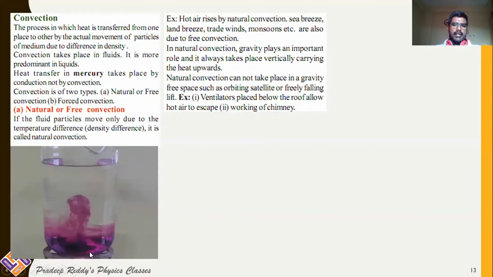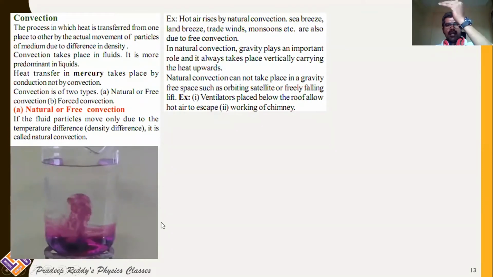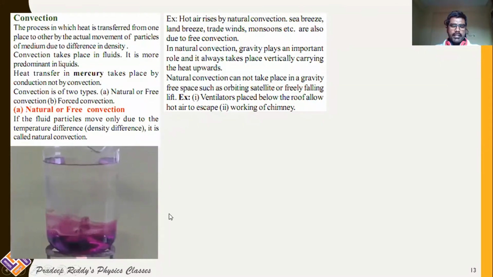When you provide heat energy, the water at the bottom gets heated up, its volume increases, and as volume increases, its density decreases, so it rises up. Clearly you could see in the animation the violet colored water being raised up. As the molecules from the center increase in volume, they rise up, and other water from the top occupies the space of the volume which has risen.